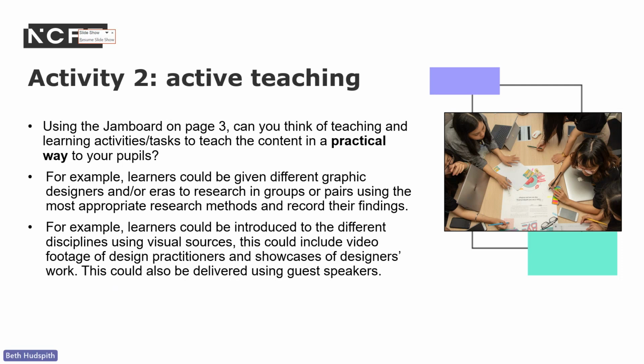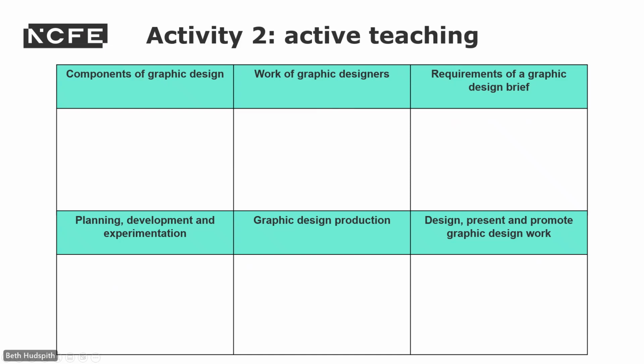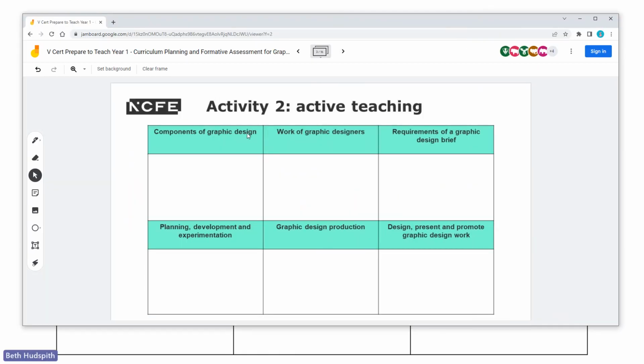I'll just pull up the Jamboard. So for activity 2, active teaching. How would you deliver components of a graphic design, how work of graphic designers, requirements of a graphic design brief?